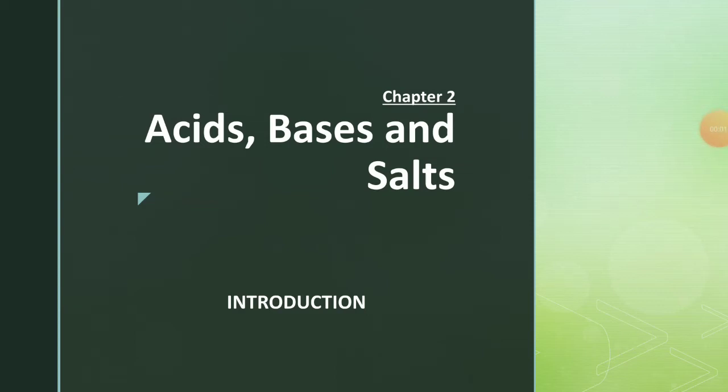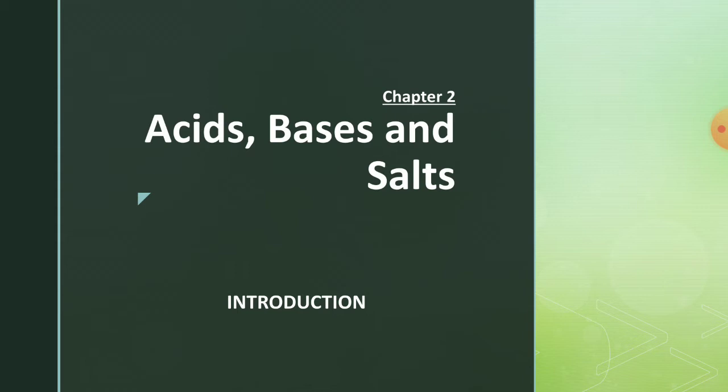Dear learner, today I am going to discuss a very important chapter from chemistry, that is acids, bases and salts. There are various substances in our surroundings and they are categorized as acids, bases and salts based on their specific characters.